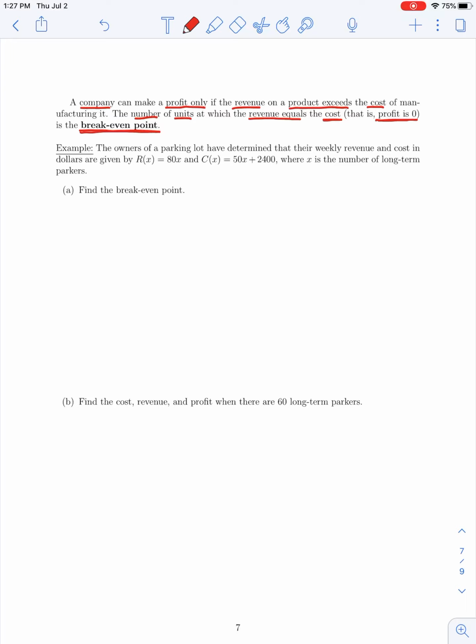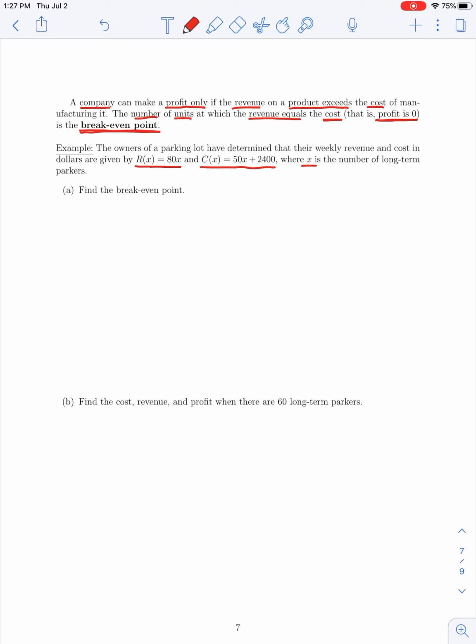Let's suppose that we've got the following problem. The owners of some parking lot have determined that their weekly revenue and cost in dollars are given by the functions 80x for revenue and 50x plus 2400 for cost, where x is the number of long-term parkers.